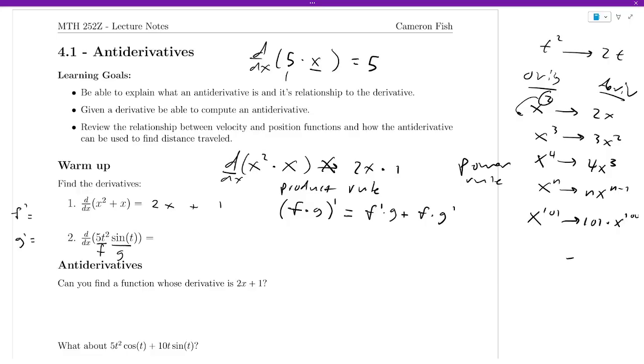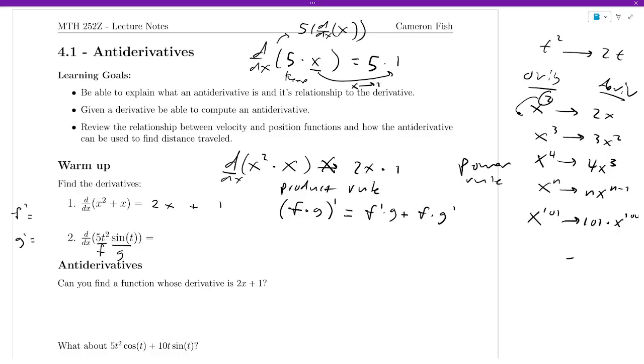So I have 5 times 1. You can think of the d/dx symbol as moving past the 5 and going on to just the x part. You pull the 5 out.